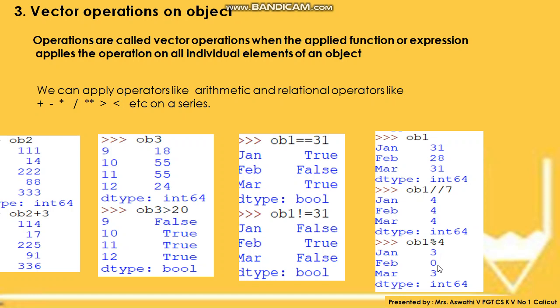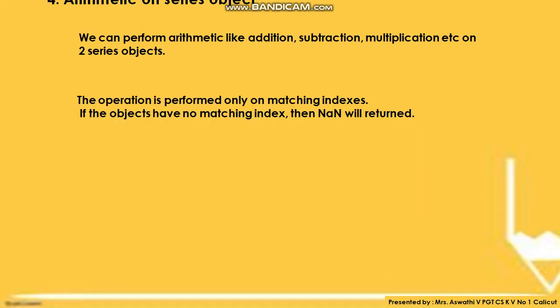So the remainder is given as 0. So all type of arithmetical and relational operators can be used on series, and if you apply this operator, it will be applied to all the individual elements of the series. That is important.